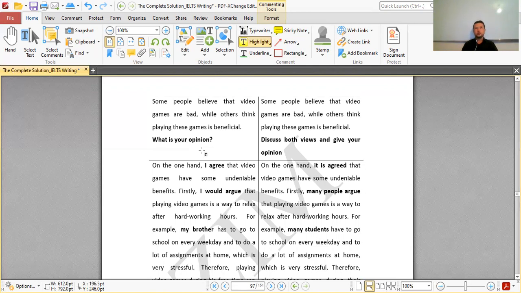You can use: many students are confused, or many students complain about lack of time and spending all day at the laboratory. This is a discussion essay, guys. So there is a little difference, but it affects a lot when it comes to scoring well in our Task 2.